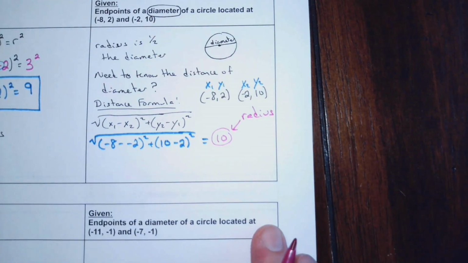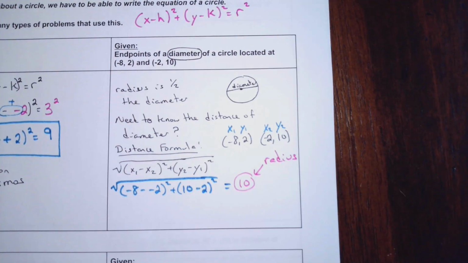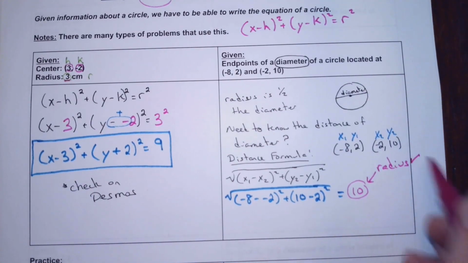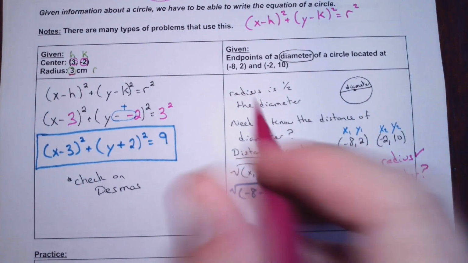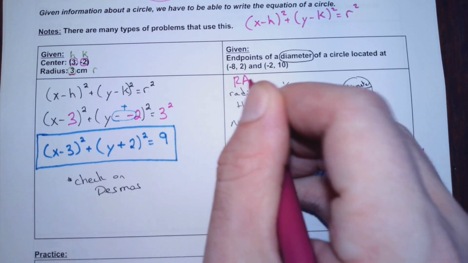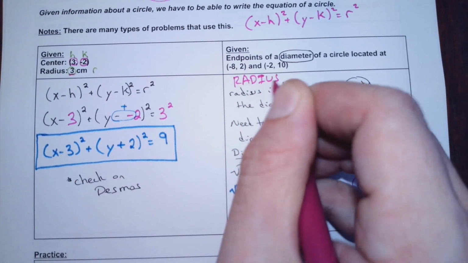And this is my radius. All right, so if you think back to over here, we had a radius and a center. So we have the radius, now we need the center. All this was to find the radius.